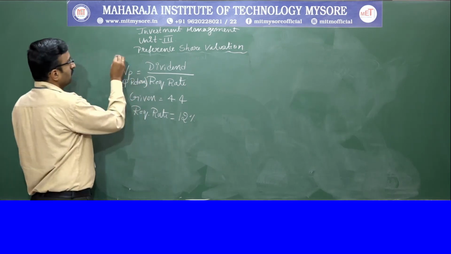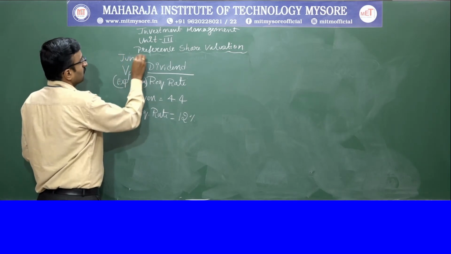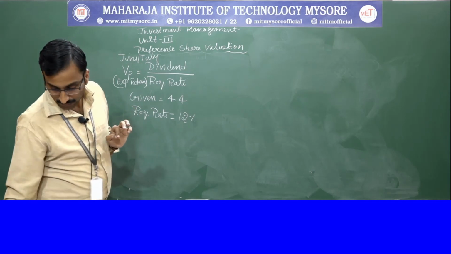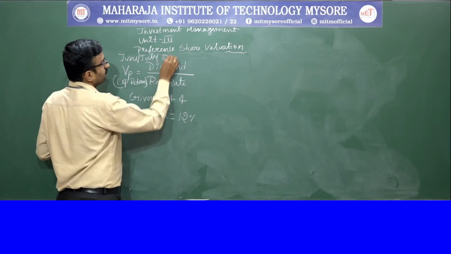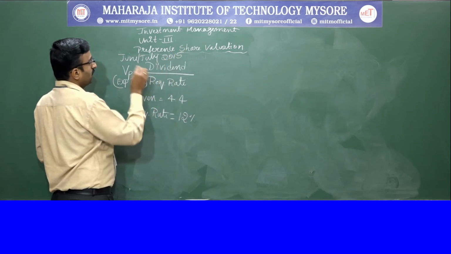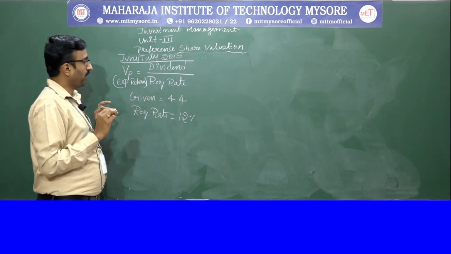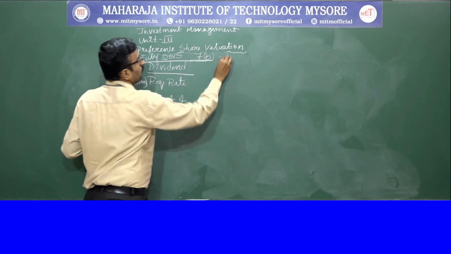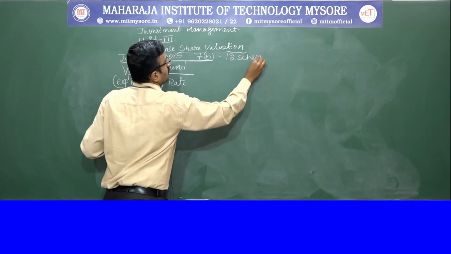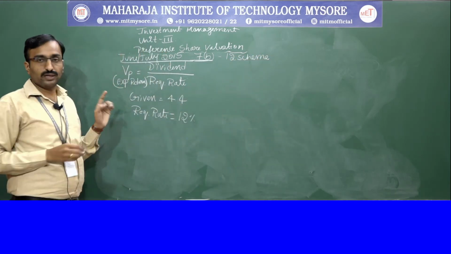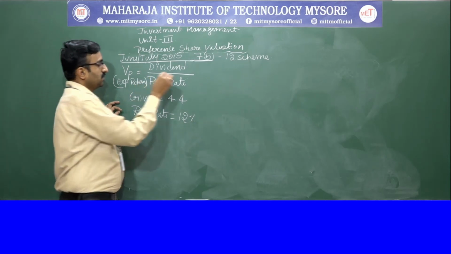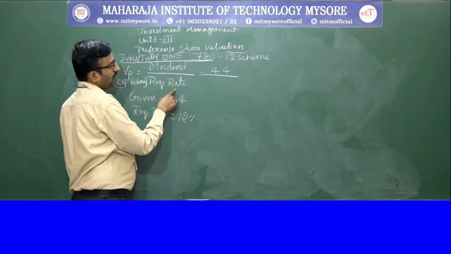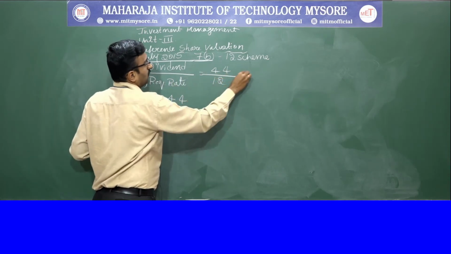This is from the question paper, June, July 2015, question number 7B, 12 scheme. It's a simple problem. It takes only 1 or 2 minutes to complete. Dividend is 4.4 and required rate is 12.